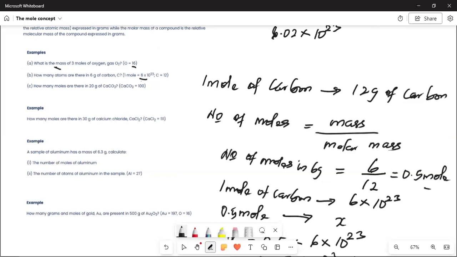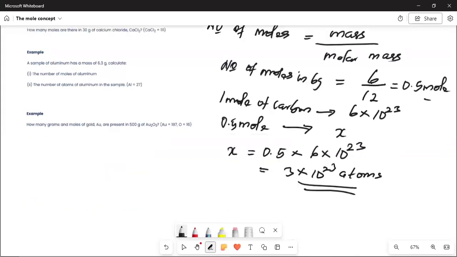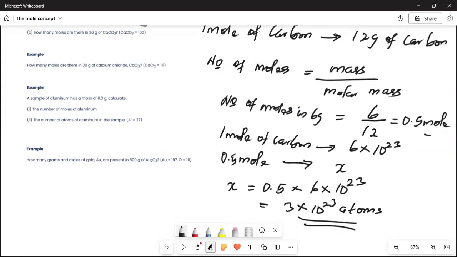Then what will 6 grams of carbon contain? 6 grams of carbon is half mole of carbon, because number of moles is mass over molar mass. Molar mass of carbon is 12, so 6 divided by 12 is 0.5 mole. So if 1 mole is 6 times 10 to the power 23 atoms, 0.5 mole should contain 0.5 times 6 times 10 to the power 23, which is 3 times 10 to the power 23 atoms.